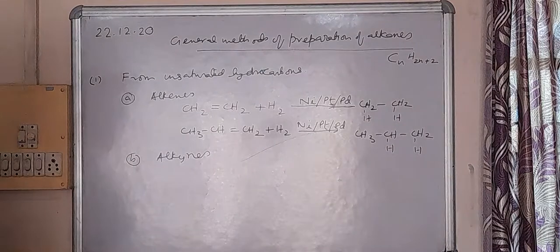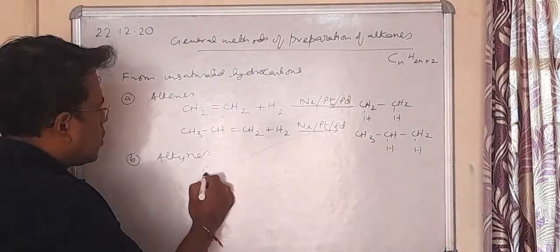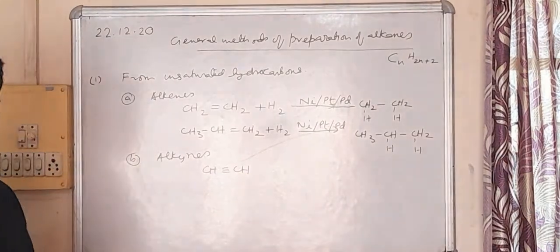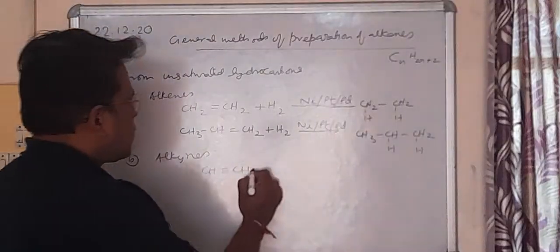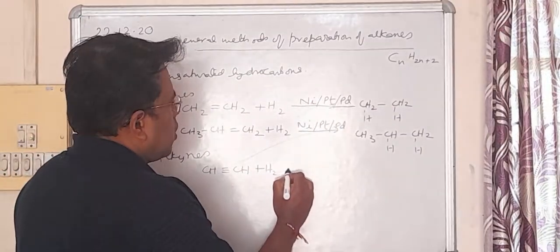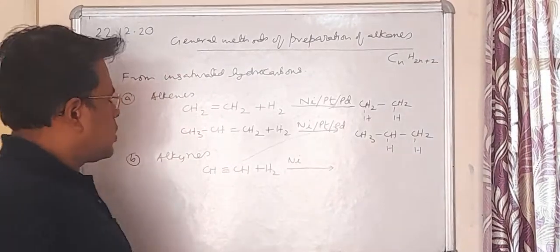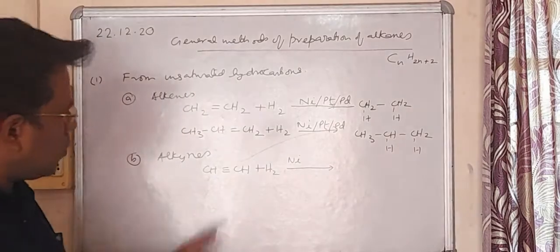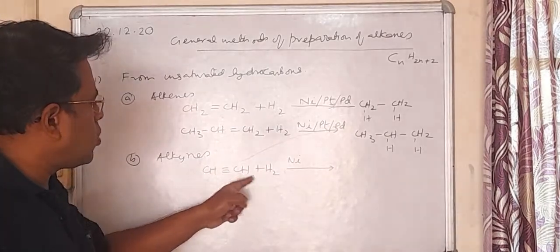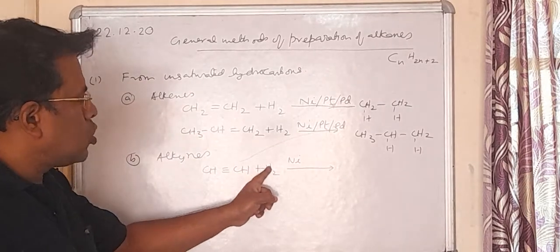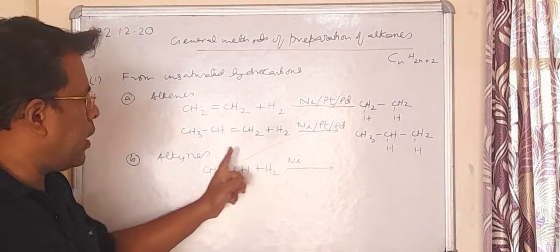So I'm showing you that. Suppose this is our alkyne. Alkynes are having carbon-carbon triple bond. So hydrogen, again in presence of nickel catalyst. Now since here it is triple bond, per molecule of this, 2 molecules of hydrogen will be added.